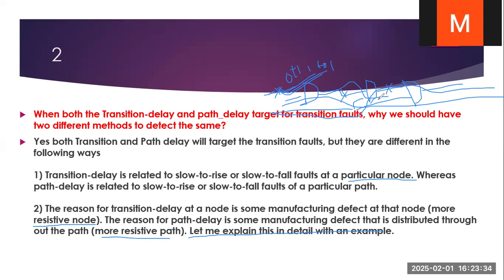But in case of path delay, we define the starting flop and ending flop, the start and end points, so that we know the path through which it is passing.